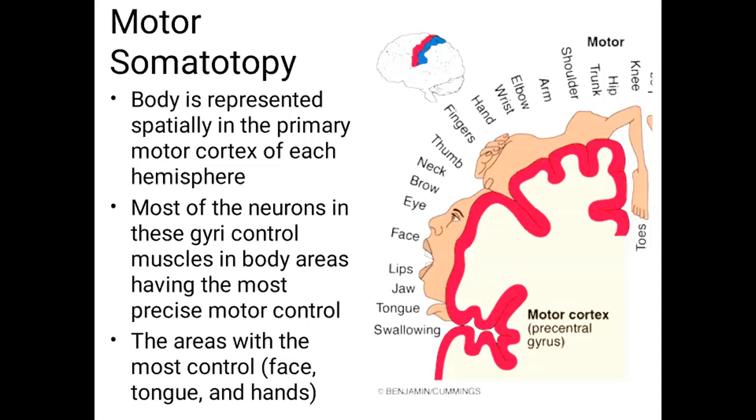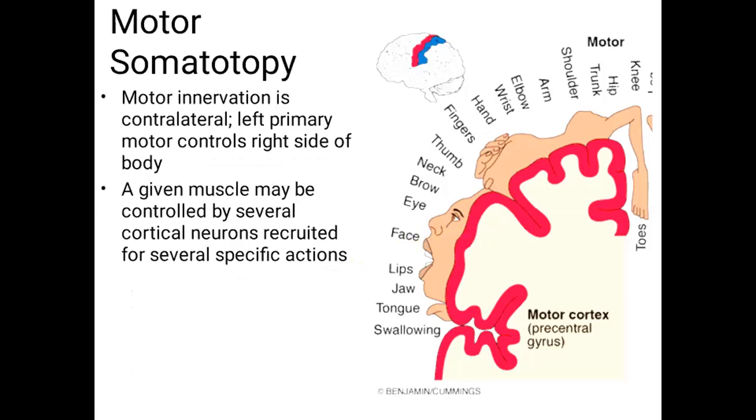Whereas the face, larynx, vocal cord, and muscles for closing the jaw are bilaterally represented, a separate focus exists for each of the fingers. The thumb is almost inferior, and the little finger is superior. So this is what we call the motor homunculus.